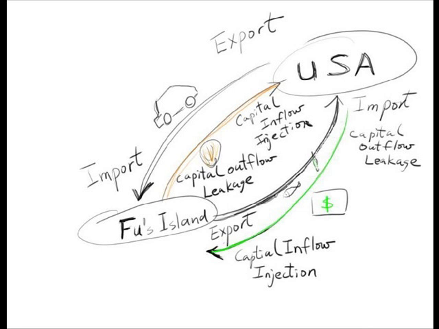One year later, there are several changes in the United States and Fus Island. First, let's look at the United States. Fish and corn are cheaper than they used to be because Fus Island's price is much cheaper.